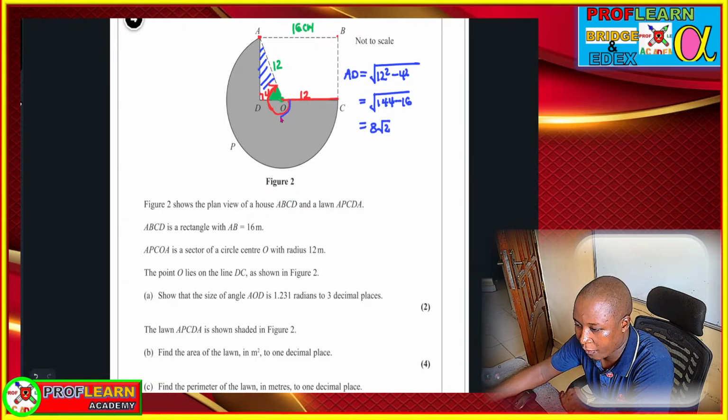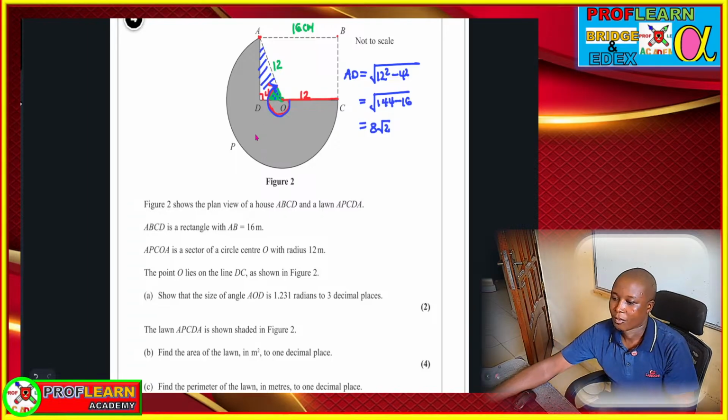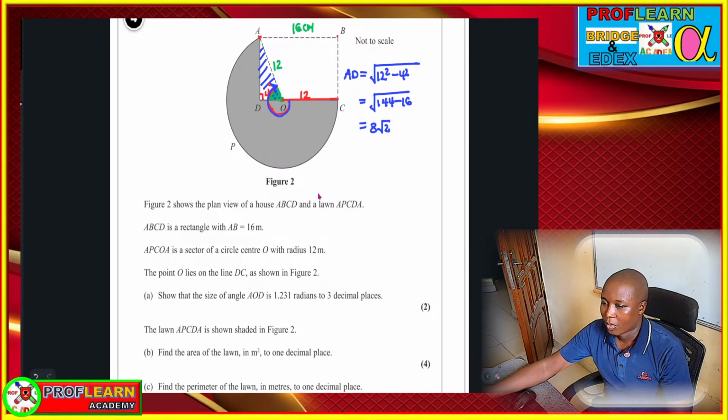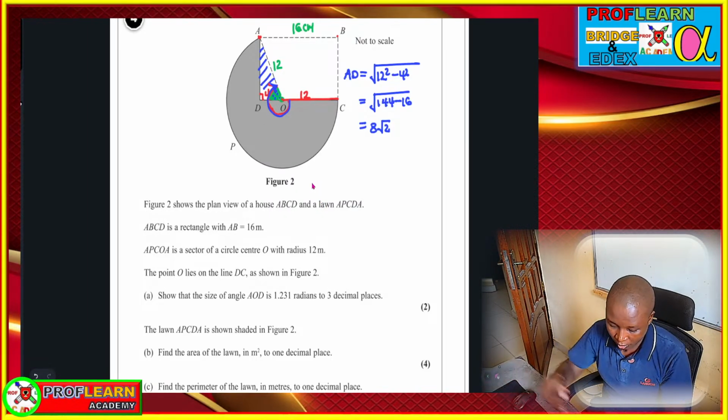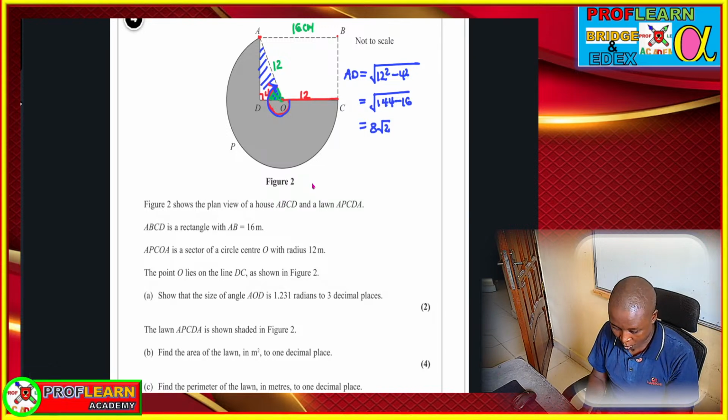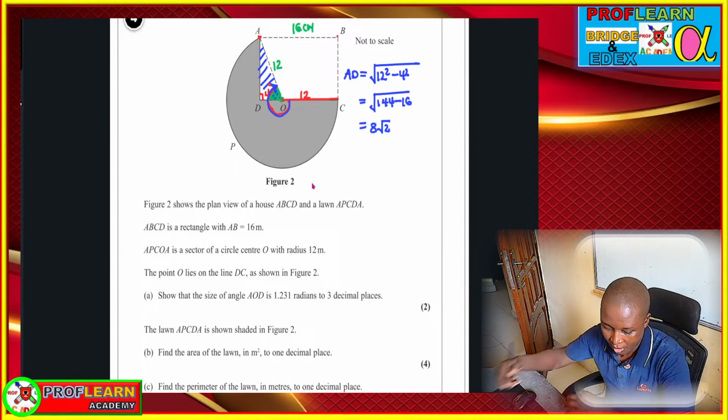What is the angle for this part here? Already we have gotten this part as an angle of 1.23, so it will be pi plus 1.23, which is going to be 4.37.